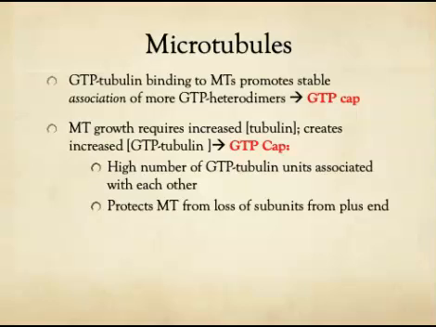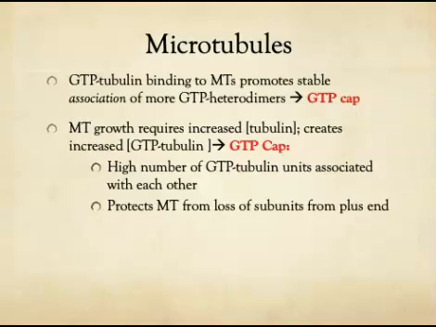What's interesting is that during treadmilling, the addition of GTP-bound tubulin actually promotes the addition of more GTP-bound tubulin. In other words, when GTP tubulin heterodimers come on to the microtubule, and remember there's one GTP bound to the alpha part and one bound to the beta part, so each heterodimer is carrying 2 GTP with it.